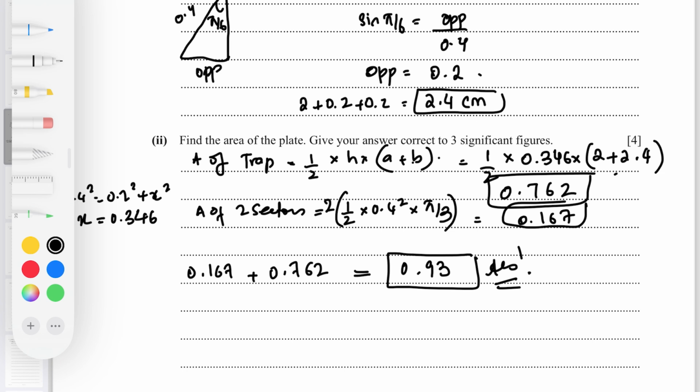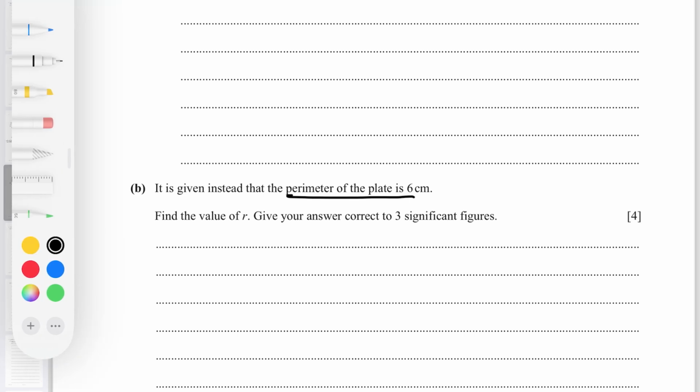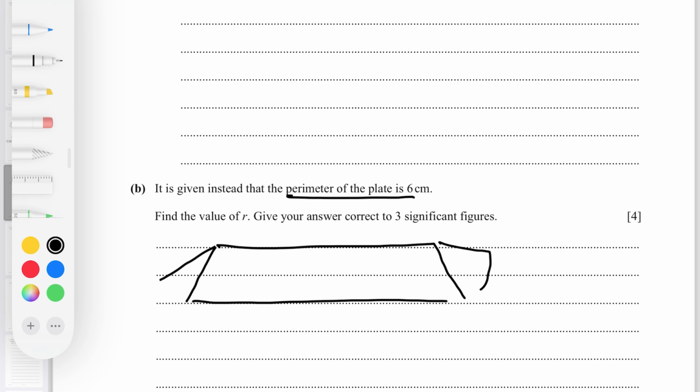Now, the last part of the question says, it is given instead that the perimeter is 6, find the value of r. So if I look at the diagram, trapezium with two sectors. Radius to radius.